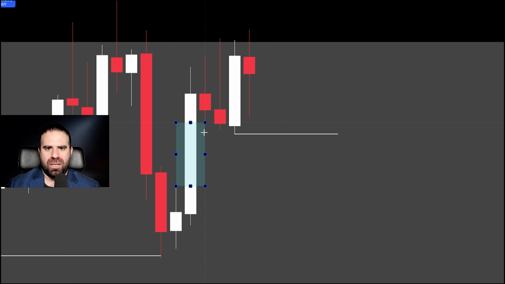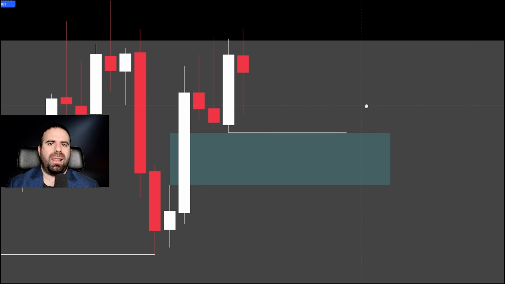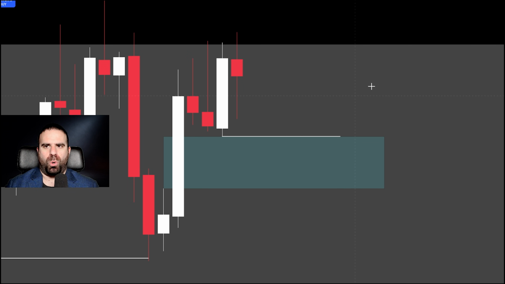So you had a fair value gap exactly right here, and you created a low, a proper low, as I explained. So now you have this part remaining of this fair value gap, and what you will be doing, you will be placing a pending order.